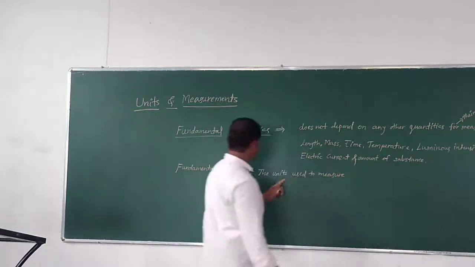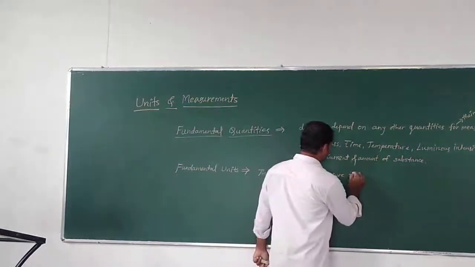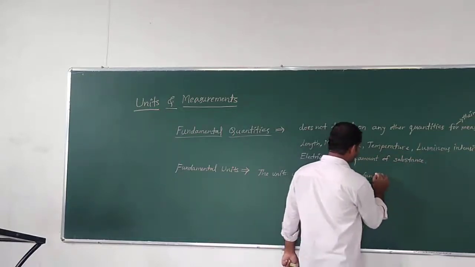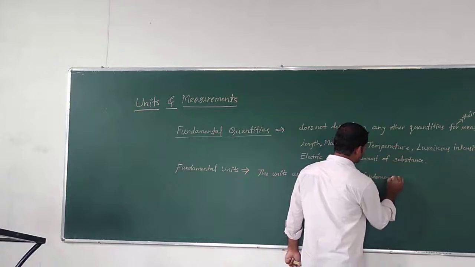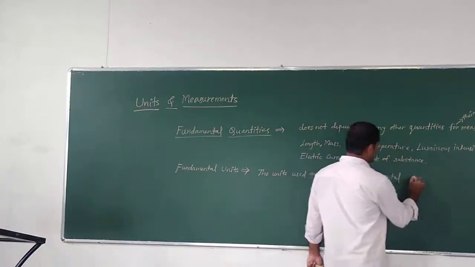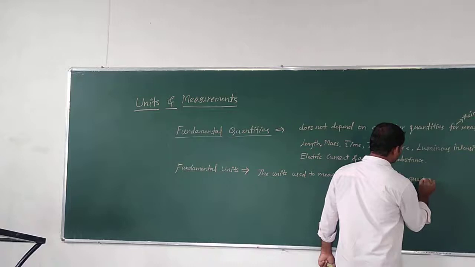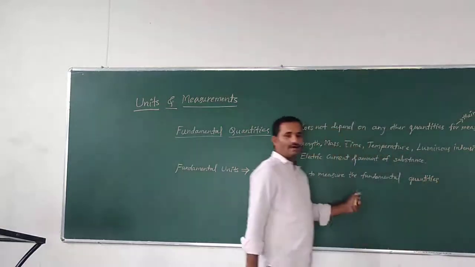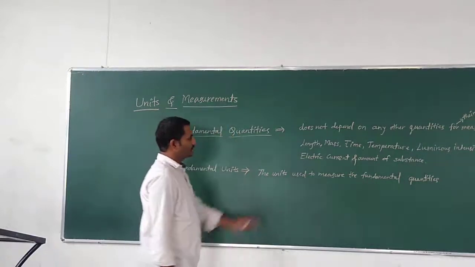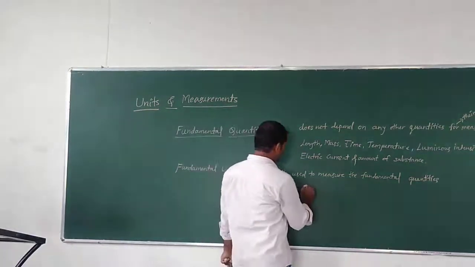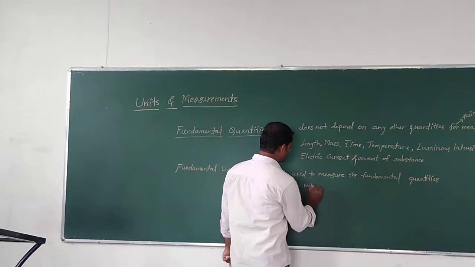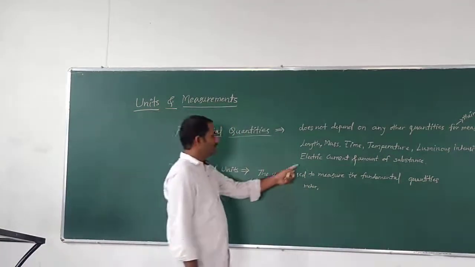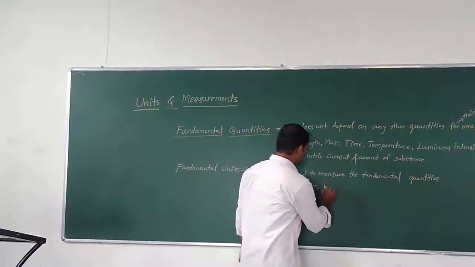The units used to measure the fundamental quantities are called fundamental units. So length is measured in meter. So meter is a fundamental unit. Mass is measured in kilogram.